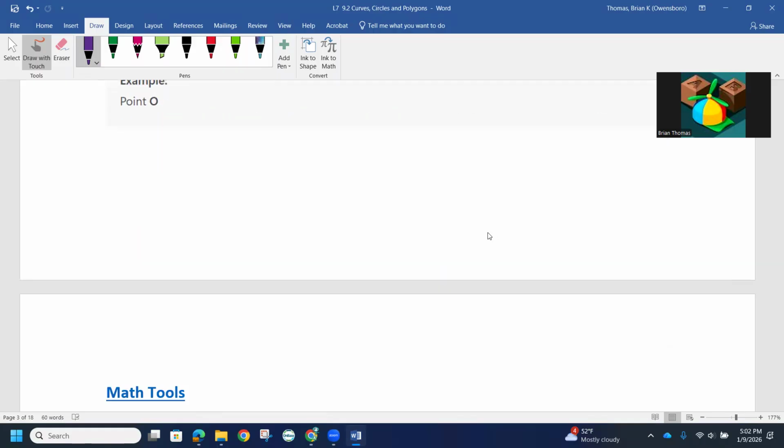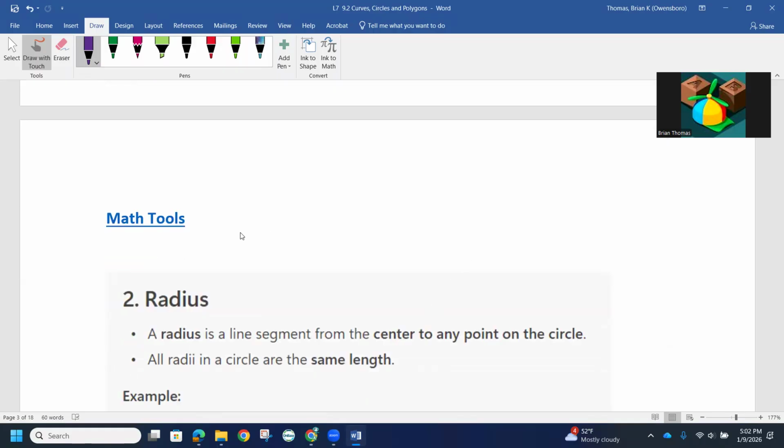what's called a compass. So there is a tool we can use on the computer here. Let's see if I can get to this website.